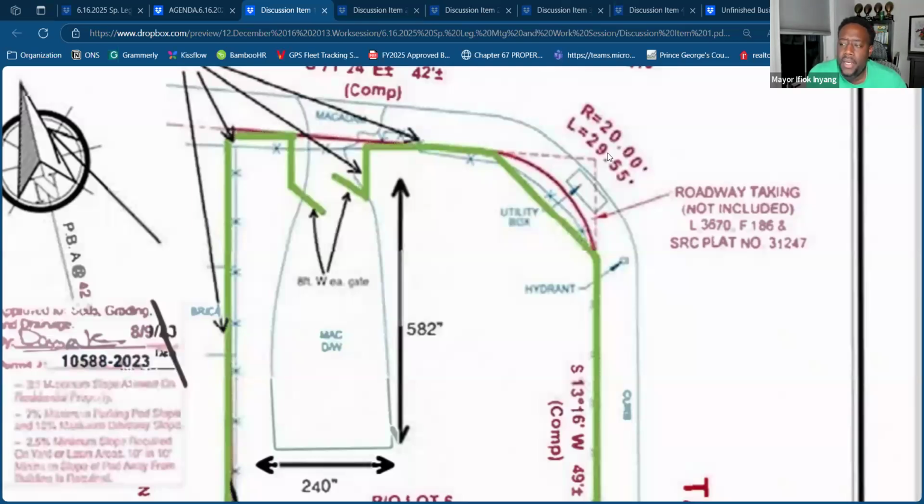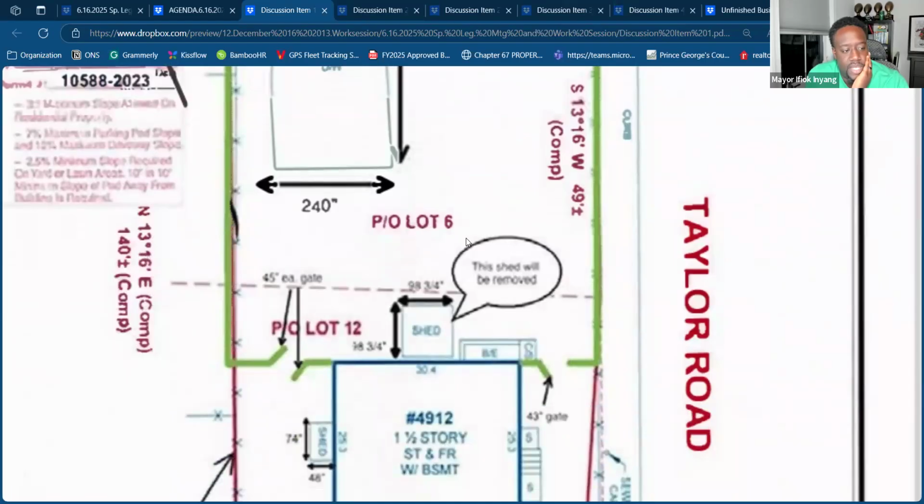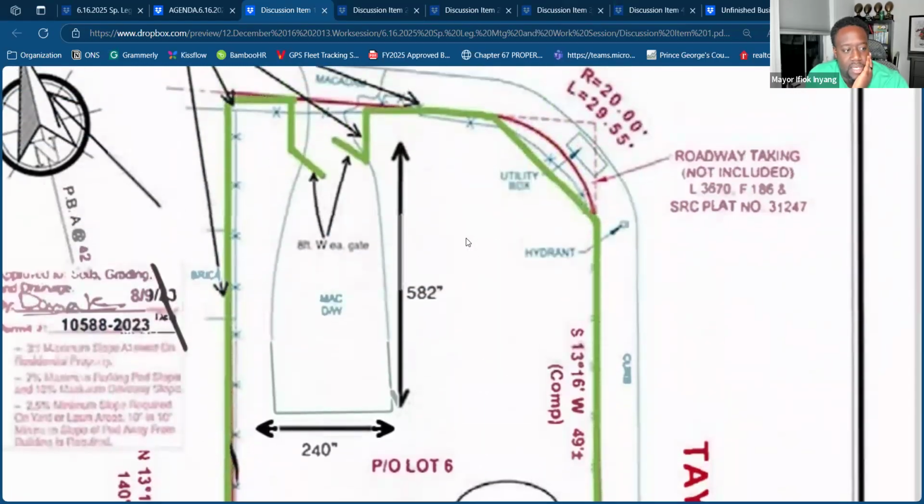Thank you. I have a question in terms of what's being shown right now. So the green line would be the suggested placement, putting the fence further set back than the property line.